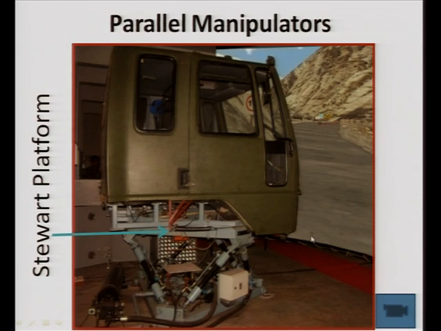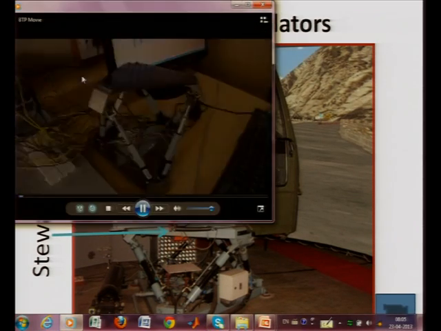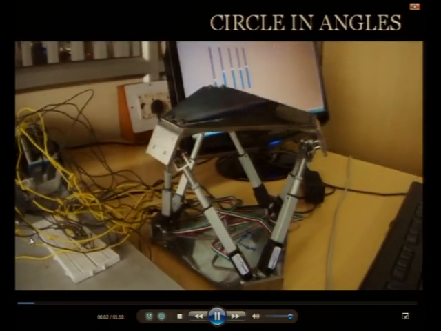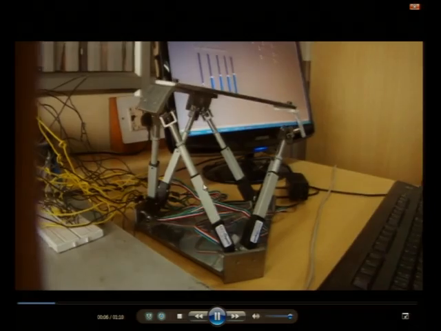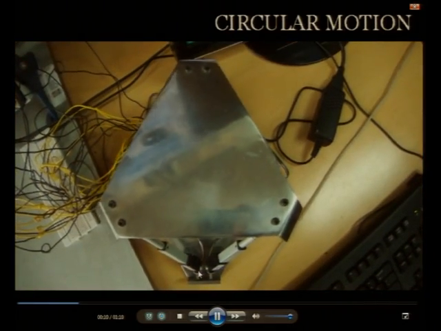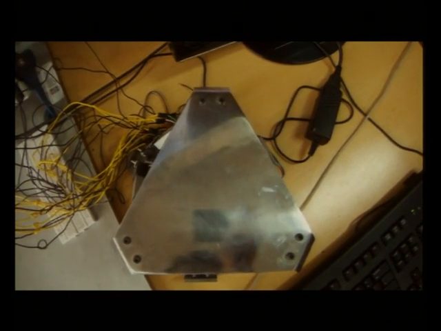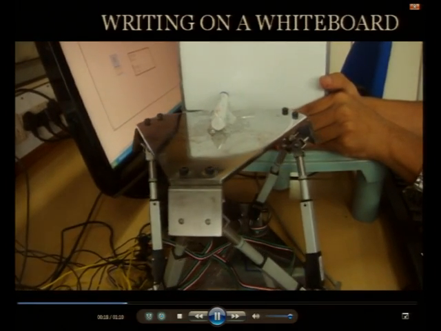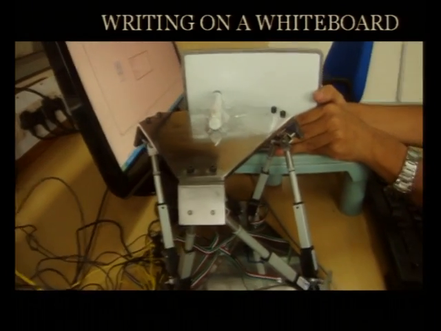Let us see a small prototype which we developed in our laboratory some years ago. These are the translatory legs here. This is the top moving platform and the bottom one is fixed. Now it is showing a circular trajectory. Then it is writing on the whiteboard.